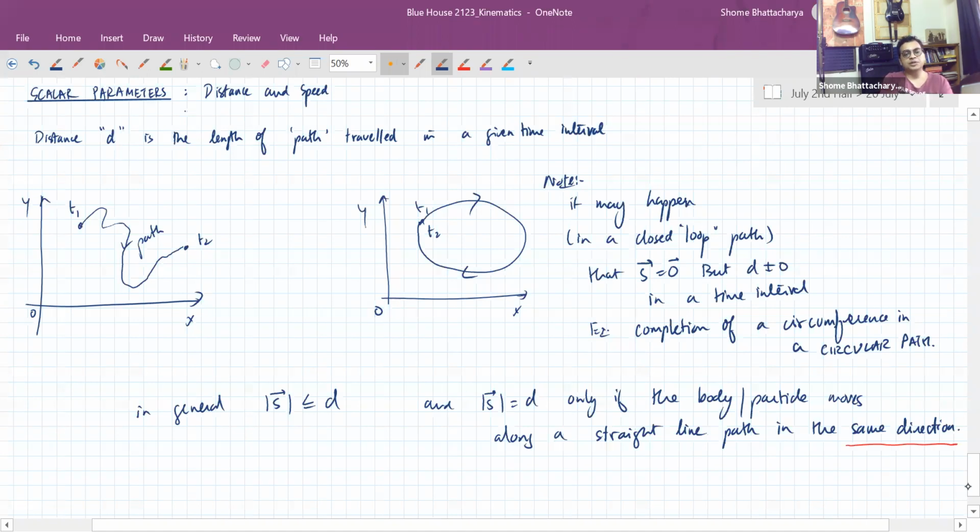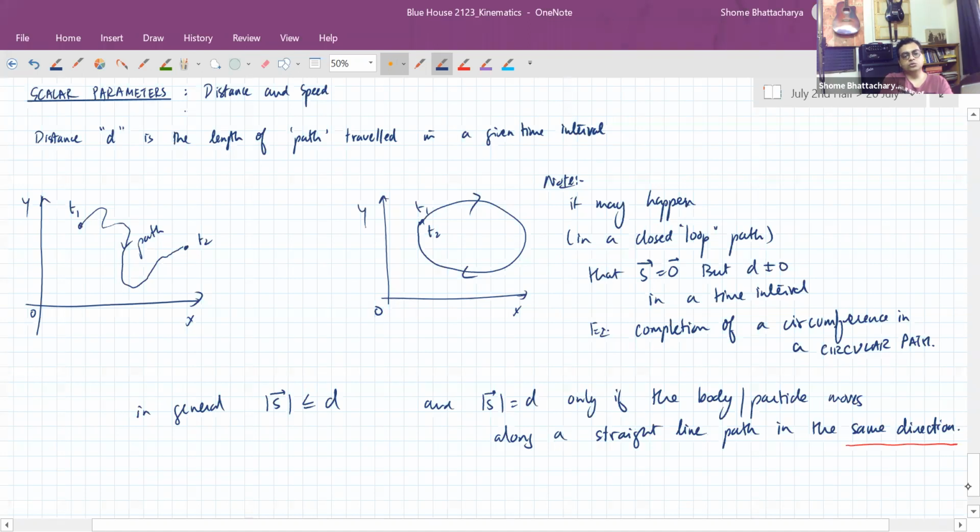Or you can think of an experimental method of how to calculate the path length. You'll have to find some way of tracking the path of the given moving body. So if you're able to track it, maybe it is spilling ink or leaving tracks like tire tracks on the given surface, then you'll actually have to measure that path length using an inch tape or using a piece of thread laid along the path exactly as the body moved, and then later measuring the length of that string.